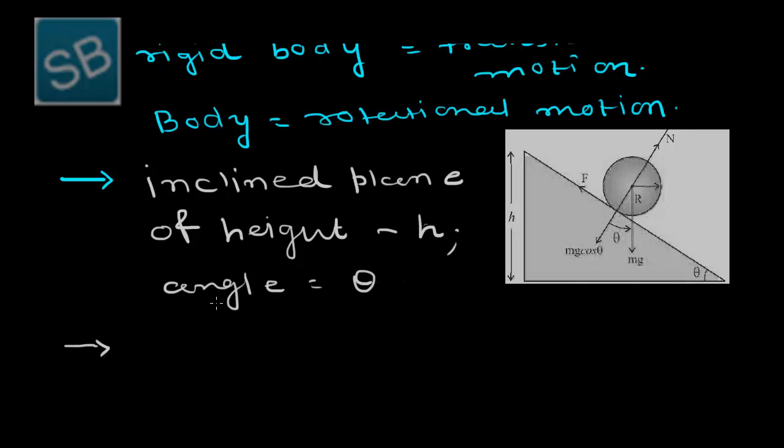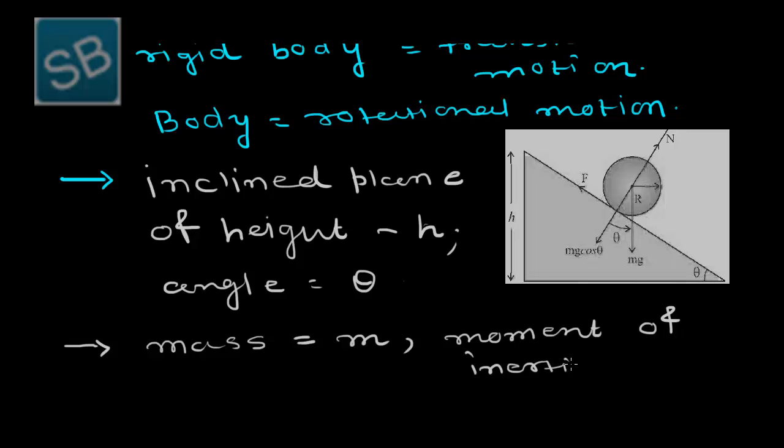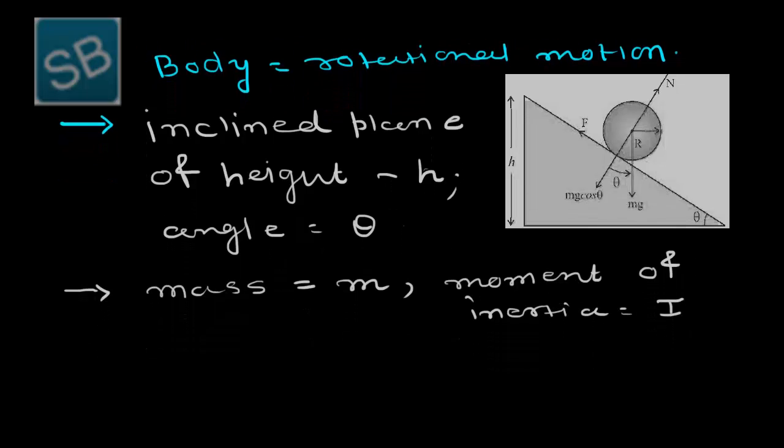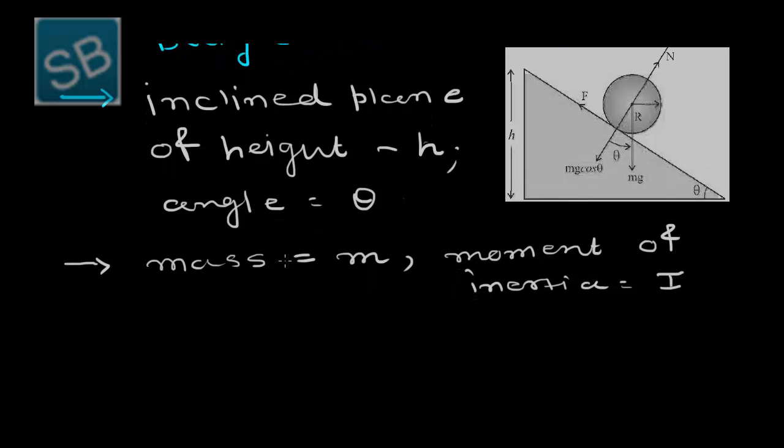Now the mass of the rigid body is small m, and moment of inertia is capital I. I am writing over here the linear parameter as well as the rotational parameter because it is the combination of both kinds of motion.